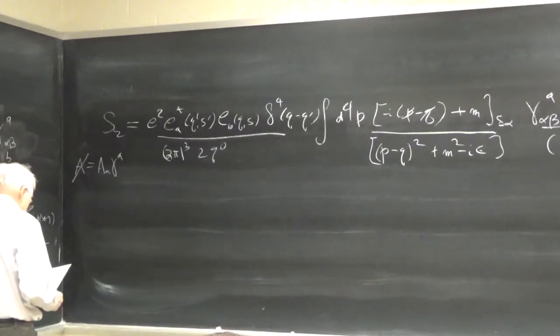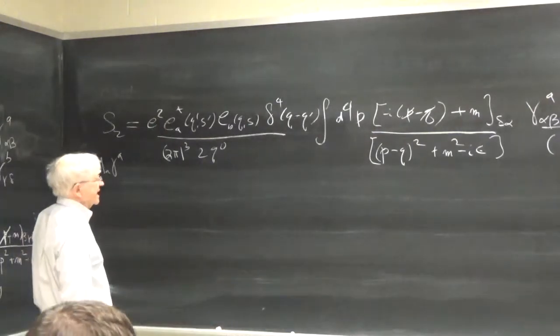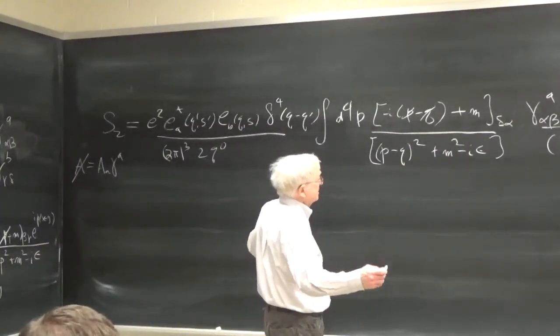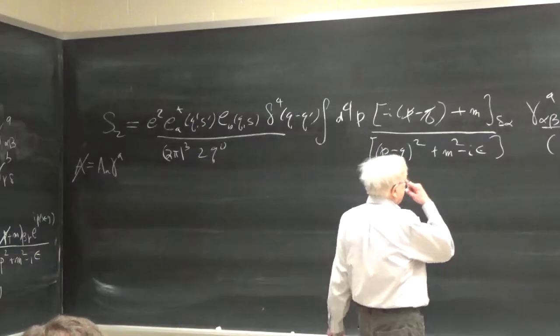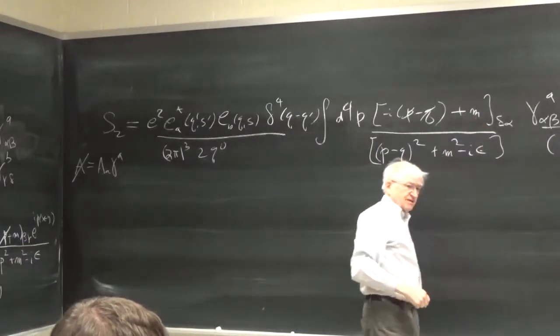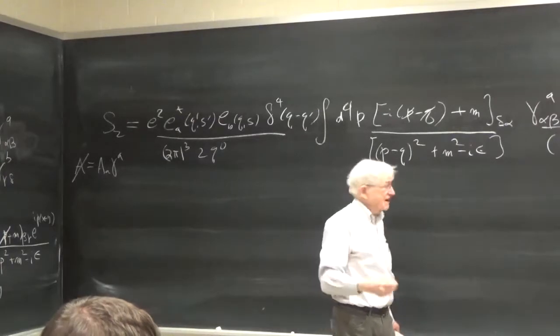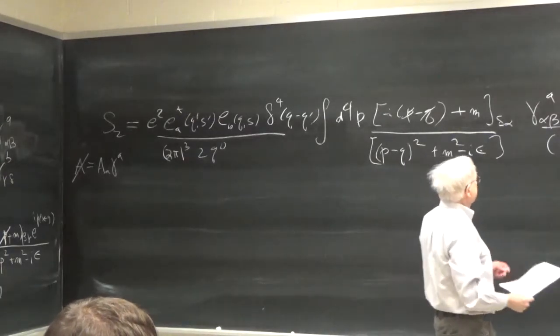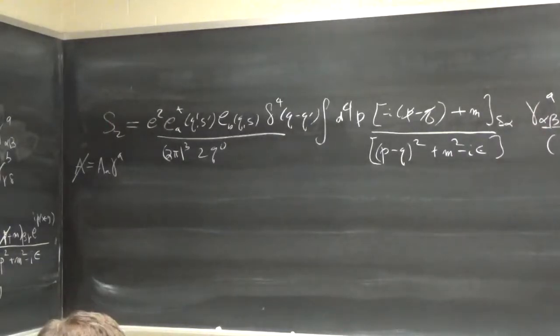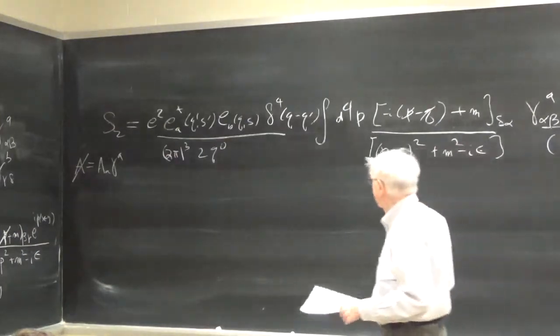Okay, so what do we have now? Well, what we have is a trace, because you see this is a sum over alpha, beta, gamma, and delta, and this is a matrix where m is multiplied by the 4x4 identity matrix. So this is a matrix product, delta alpha, alpha beta, beta gamma, gamma delta, summed over all of them, that's a trace.